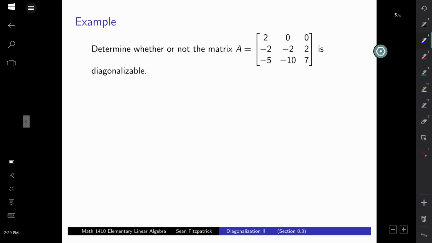One more example. We'll press on. We're probably getting a little bit long in the time, but let's do one more. Okay, so I'm going to do my determinant of x times I minus A: x minus 2, 0, 0, 2, x plus 2, minus 2, 5, 10, x minus 7.